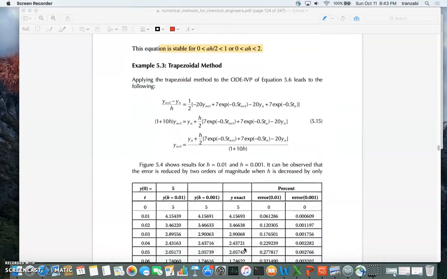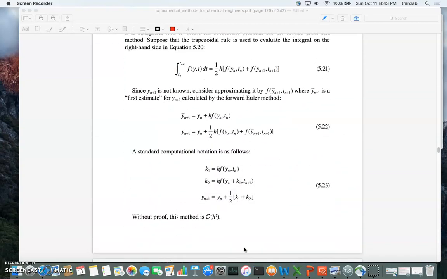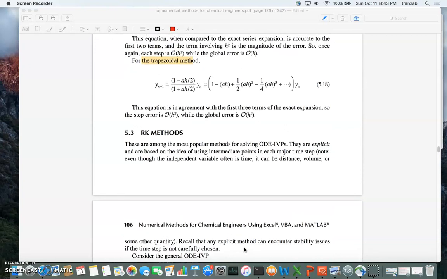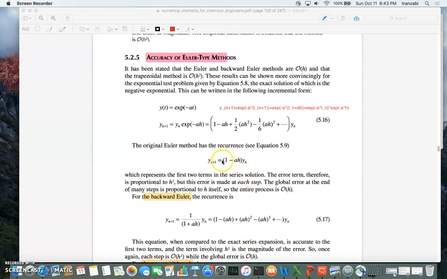So we're going to repeat that over here and compare it with the exact solution we just found. So this is forward difference. This is the exact solution. So let's do a comparison. The left side is the same. The right side, 1 minus ah times yn, is over here. And it looks like the rest of it is truncated. Okay, so the truncated term starts with 1/2 ah squared.